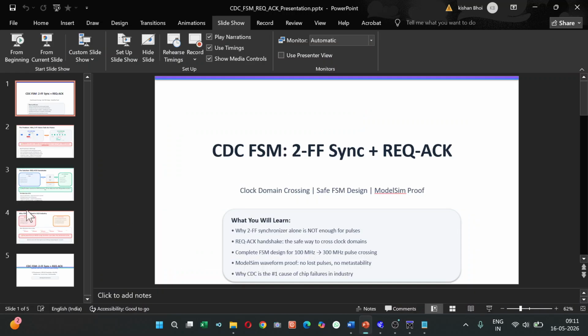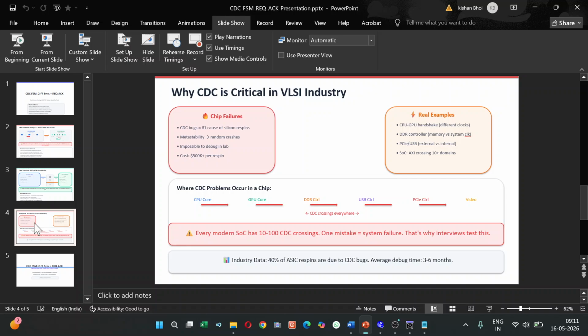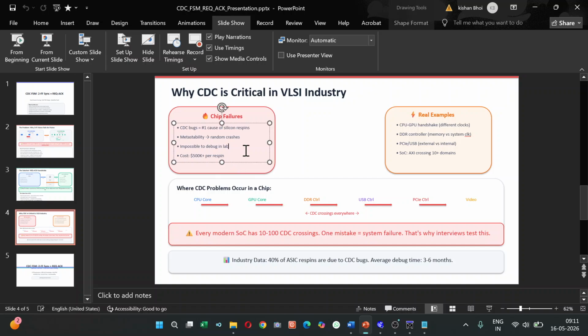So why is CDC critical in the VLSI industry? It causes chip failures and is impossible to debug in the lab. It causes metastability. That's why it is critical in the VLSI industry. According to industry data, 40% of ASIC respins are due to CDC bugs.